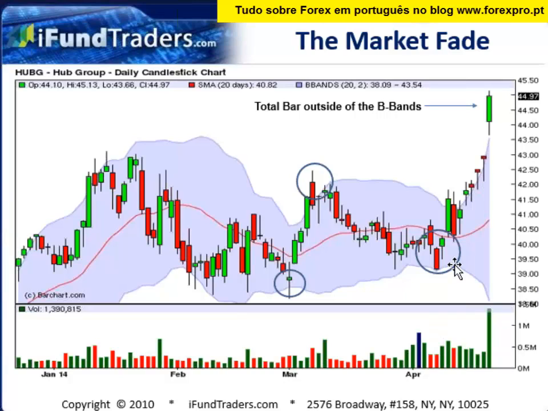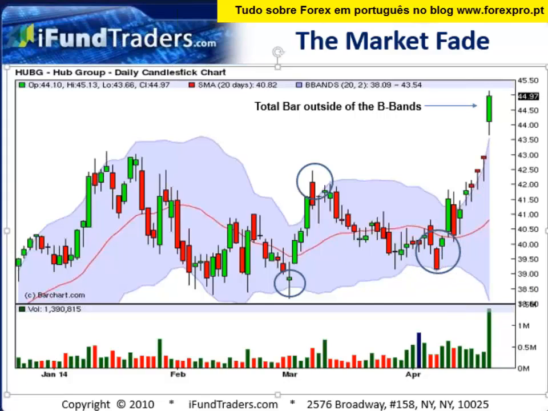This trader, the trader who takes them on the end of the range and not outside, would take this 25% retracement here, right off of the low of the band.